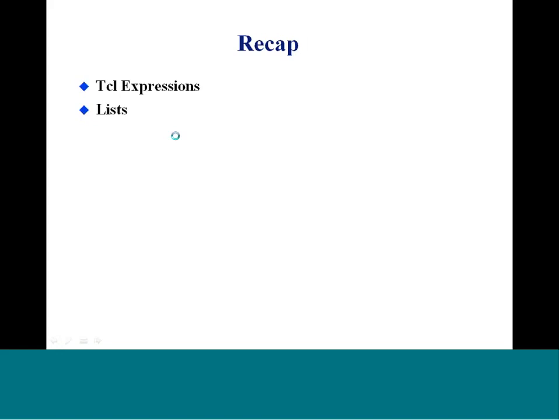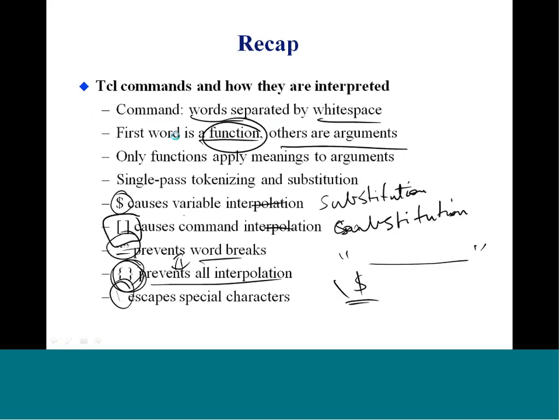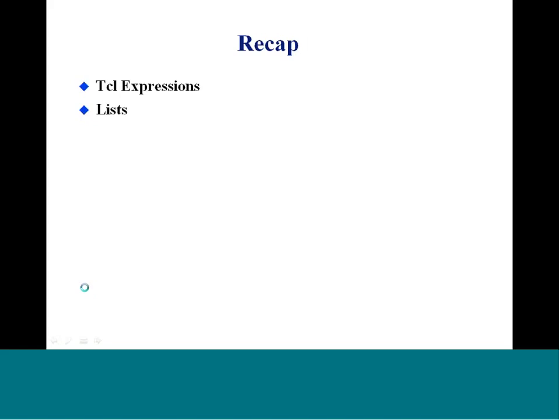Essentially, a list is simply a string with list elements separated by white space. We can use braces or quotes to group the words with white space into a single list element, which is very similar to what we saw here. So we can use the curly braces to group elements and treat them as a single element inside a list.